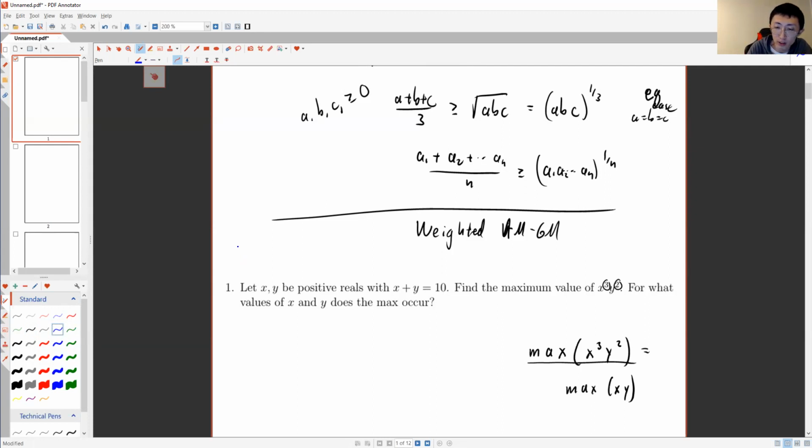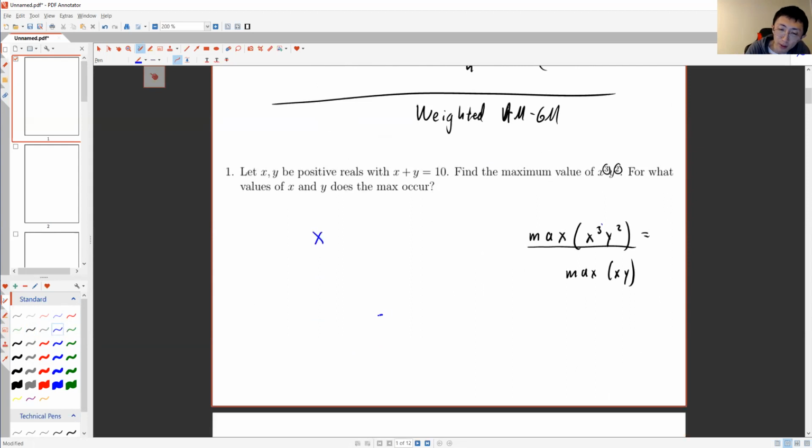Okay, well, here's the trick. Last time, we could use AM-GM on any number of variables, right? I see some suggestions in chat that are pretty good. So let's say I have a different problem.